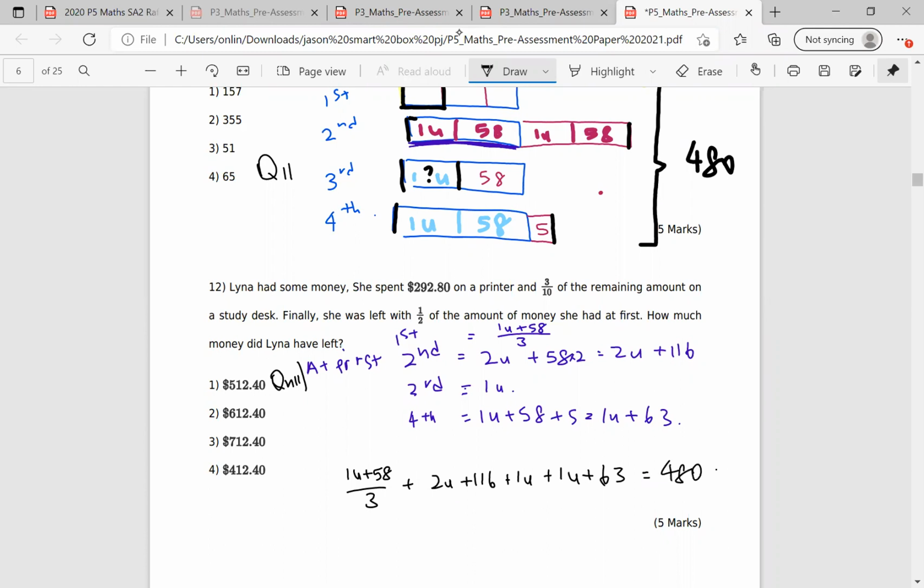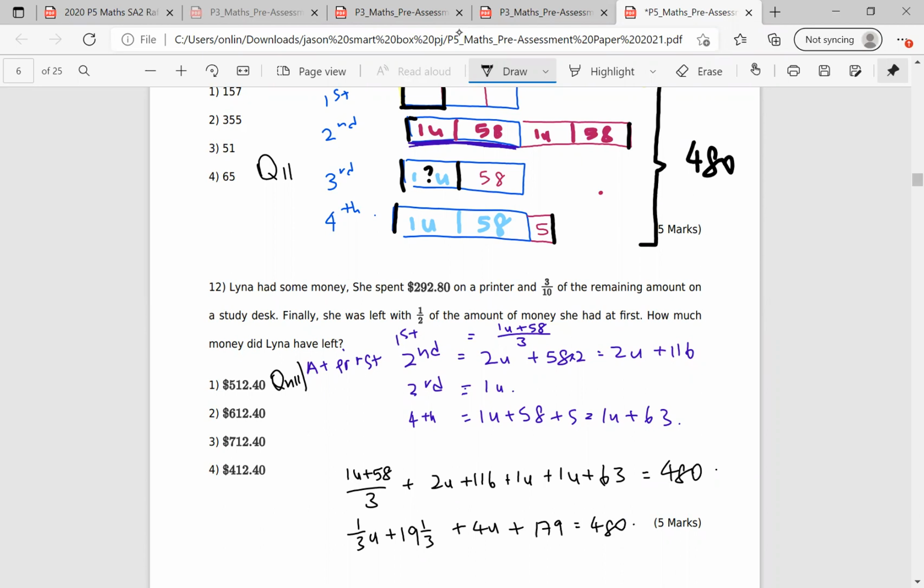So what we're going to add here is 1/3 unit plus, I'm going to take 58 divided by 3, so we get 19 1/3. And then if we add all the units up in front here, we have 4 units plus 63 plus 116. We get 179 equal to 480.